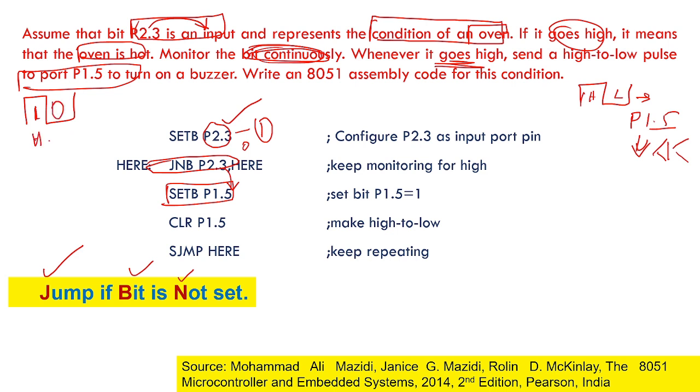So high to low, to which port? To port 1.5. See these two lines, high and low. Why? To turn on the buzzer. Once this high to low pulse goes to the buzzer, it will do the operation.